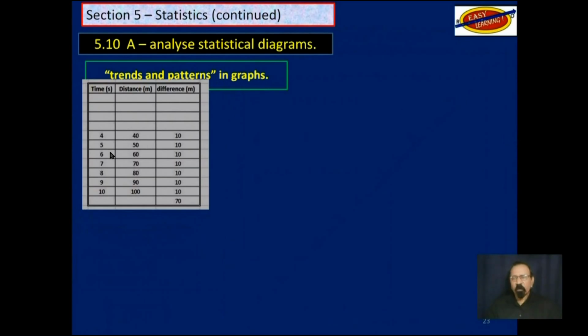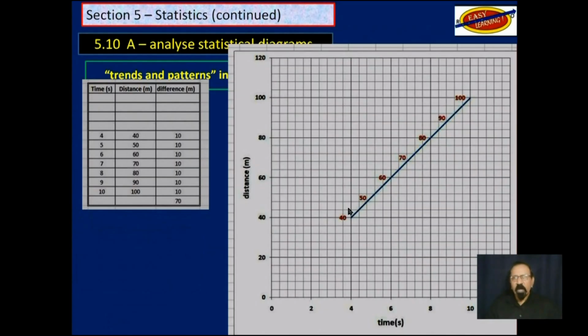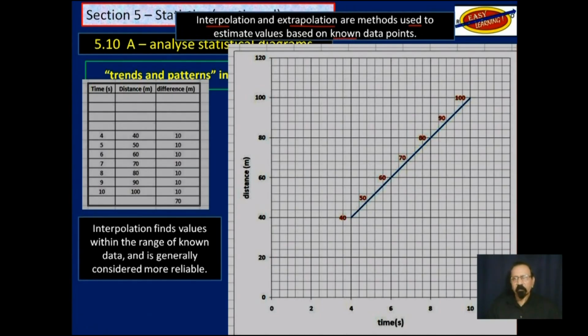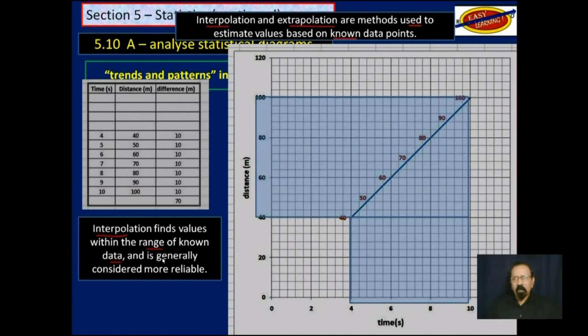Let's further explore this. Suppose we have only this part of the graph. Interpolation and extrapolation are methods used to estimate values based on known data points. So interpolation finds values within the range of known data. That is, given anything in here for distance, we can find the corresponding time down here, or the other way around.